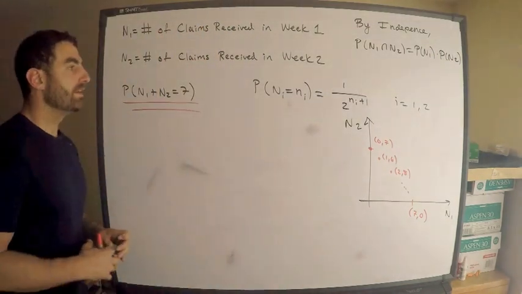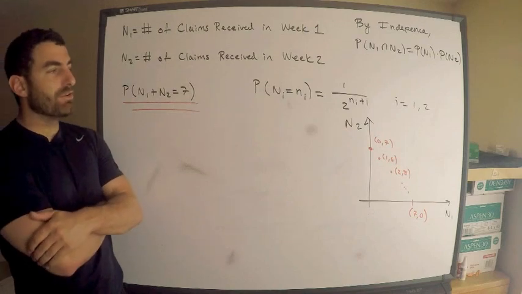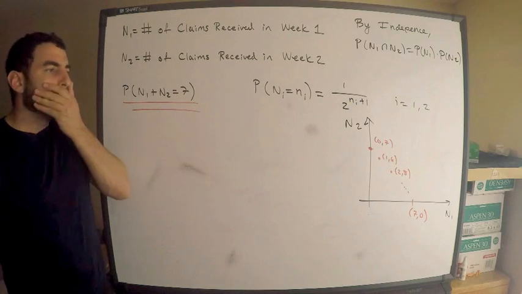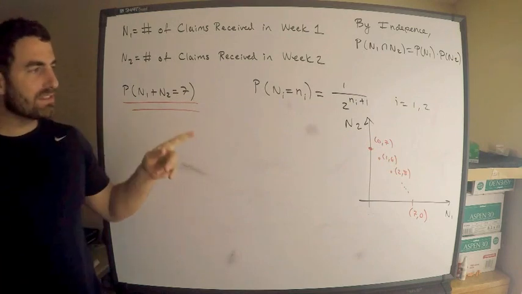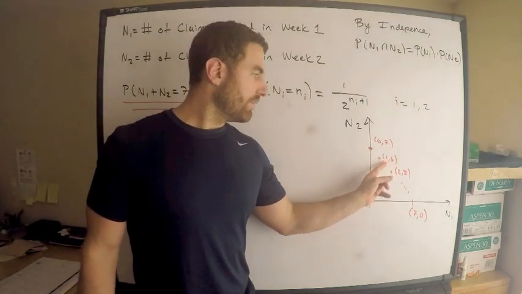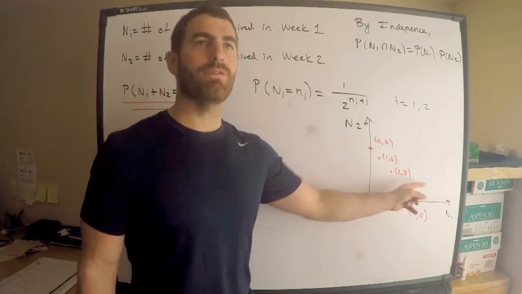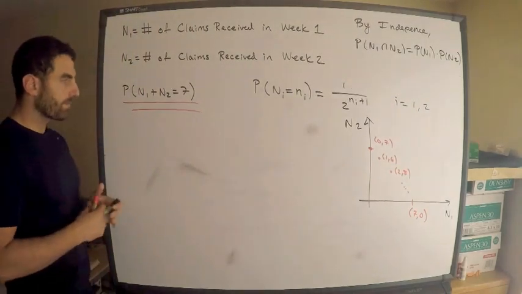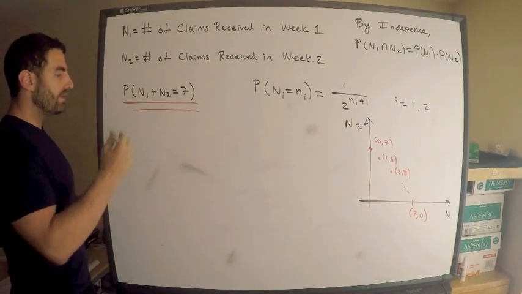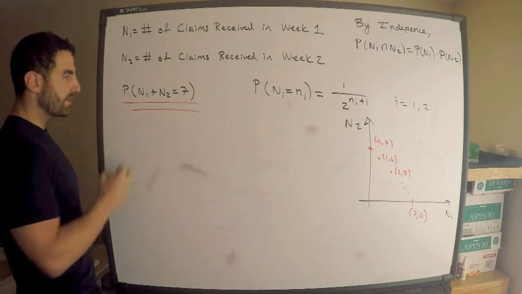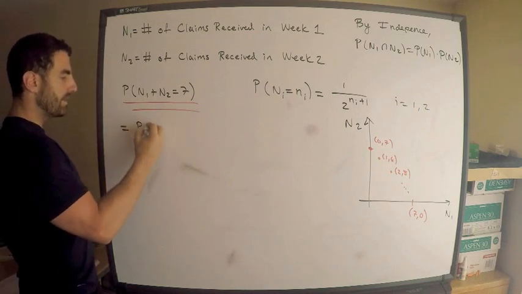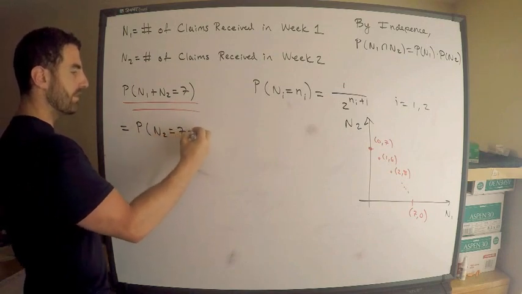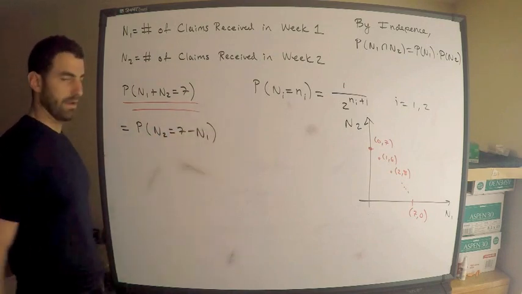We could just count those and be done, so you could do that. Or we can be a little more mathy, and that's what I'm going to do. Think about what I just said: 0, 7, 1, 6, 2, 5, 3, 4, 4, 3, etc. Now this expression is equal to the probability that N2 is equal to 7 minus N1.